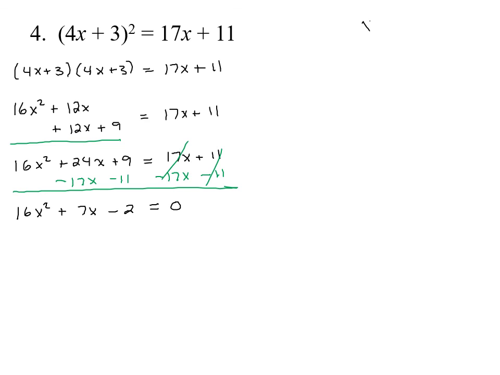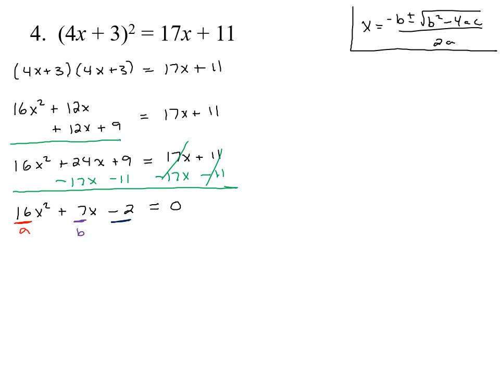And so I'm going to use my same formula: opposite of b plus or minus the square root of b squared minus 4ac all over 2a. In this case, the 16 is my a, the 7 is my b, the minus 2 is my c.